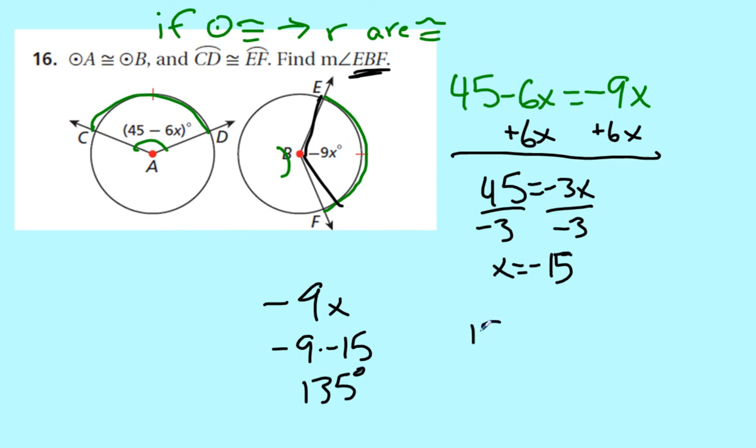Right? 15, 9, 5, 4, yeah, 135. I was worried because I knew this was going to come out negative, but negative times negative is positive. The big problem would have been if this came out to negative degrees, that doesn't exist, and that would be sad times. But it's not, so happy times.